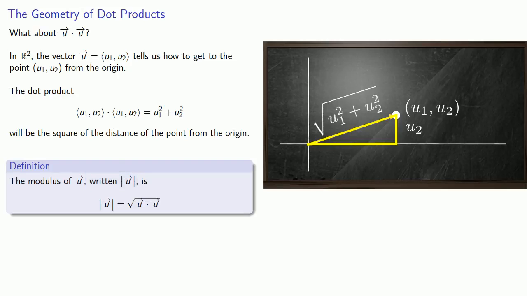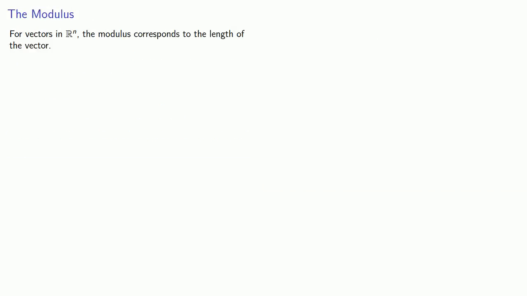Again, there's only so many symbols, so these vertical bars don't mean absolute value, they don't mean determinant, they mean modulus. It is defined as the square root of the dot product of the vector with itself. And so we might say that for vectors in Rn, the modulus corresponds to the length of the vector.